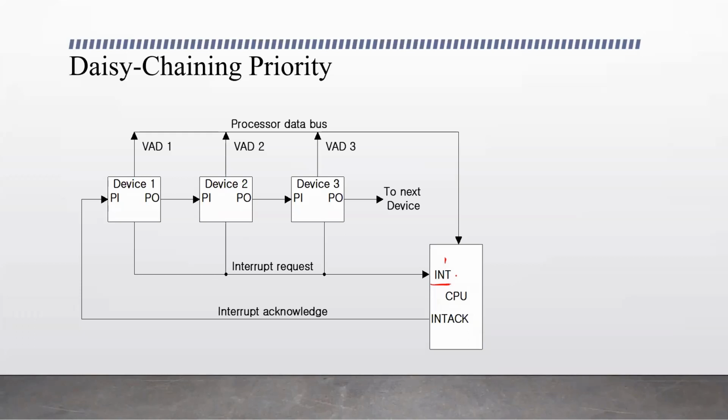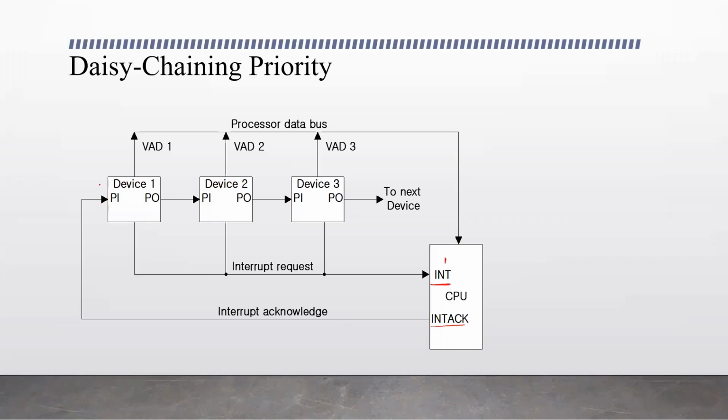When the CPU receives the interrupt, it responds to the devices by enabling the interrupt acknowledge, INT ACK. The CPU responds to the interrupts initiated by these devices by enabling this interrupt acknowledge signal. When this is enabled, device 1 receives the interrupt acknowledge signal sent by the CPU.